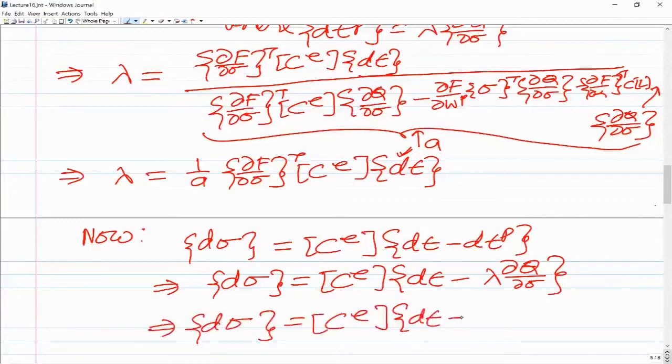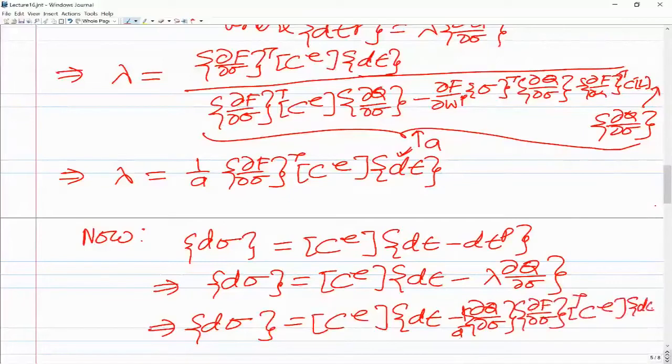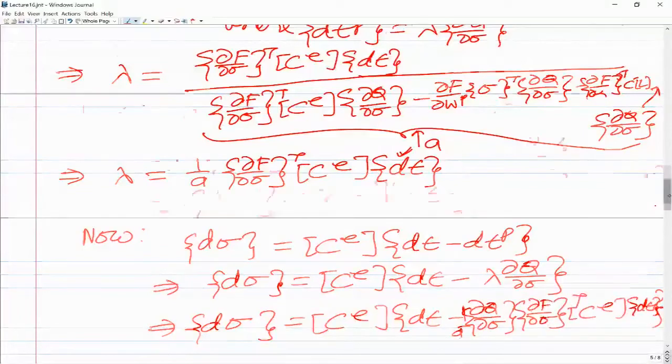So minus del q by del sigma, and then the expression for lambda, which has 1 upon A, I have already written. So what we are left with is del f by del sigma transpose into Ce into d epsilon.